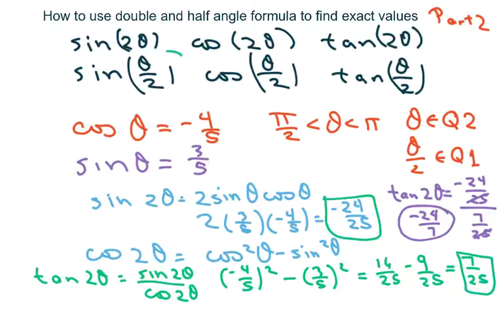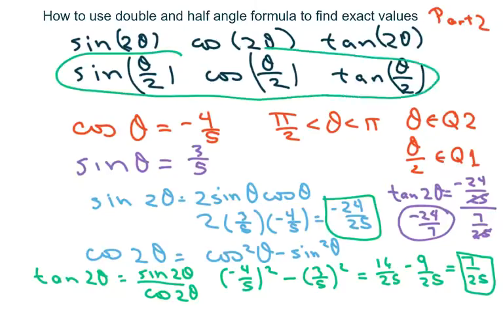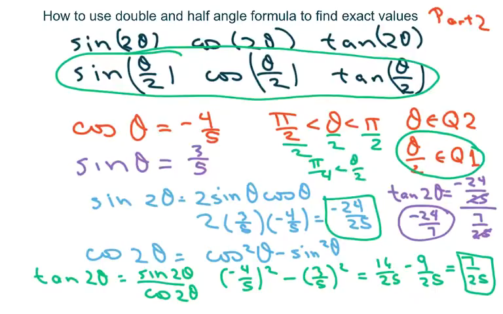I'm going to do the same thing with these half angles. Now for the half angles, remember we are going to be in quadrant 1 here. Because if you divide everything by 2 here, you get pi over 4 here, and my quadrant 2 moves to quadrant 1.